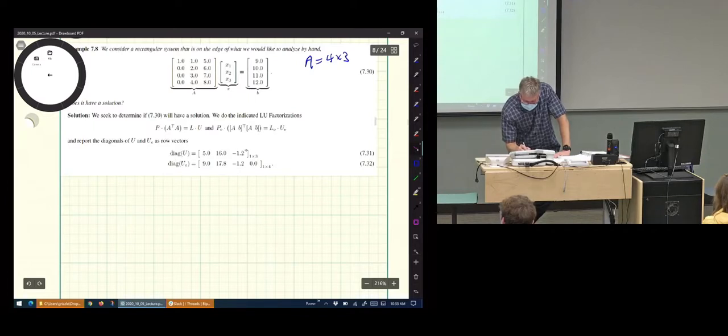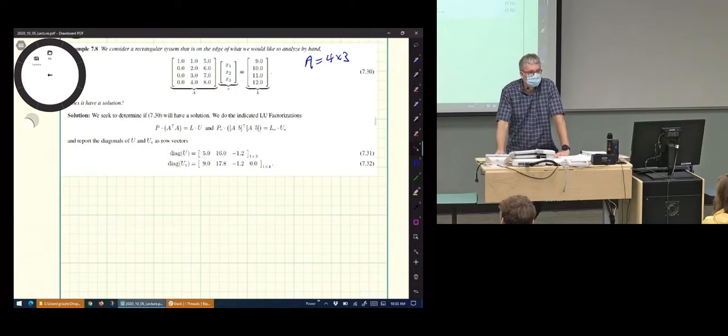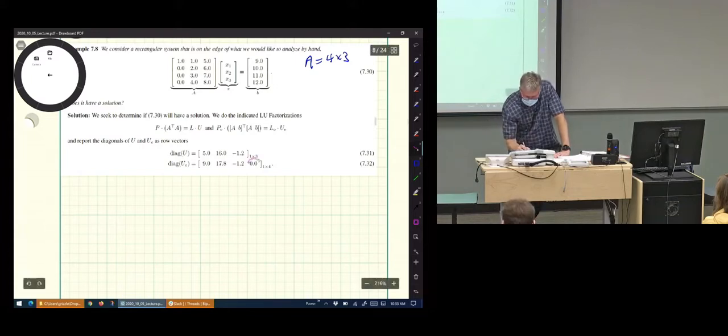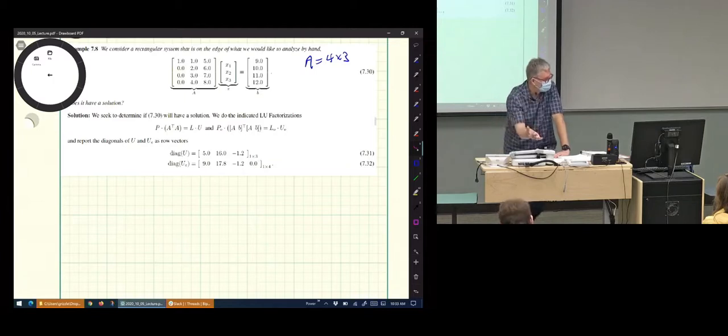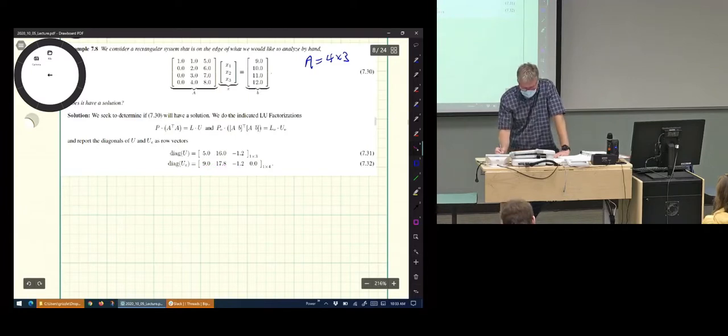So diagonal U has no zeros. So all 3 columns are linearly independent. Okay? And then I throw in B, and I pick up 1 zero. And if I'm hoping for a solution, that's good, because now I have 3 non-zero elements on the diagonal of U for the extended matrix AB.